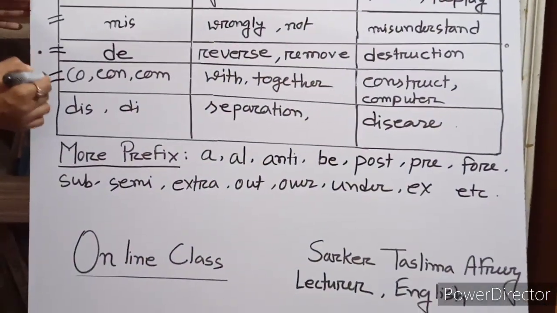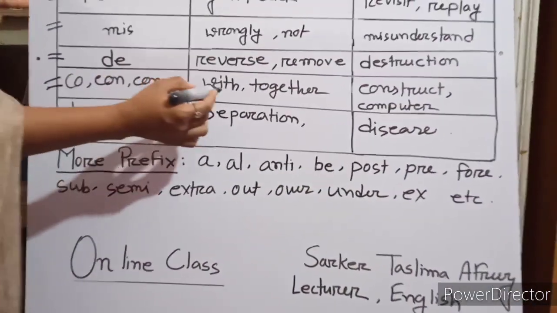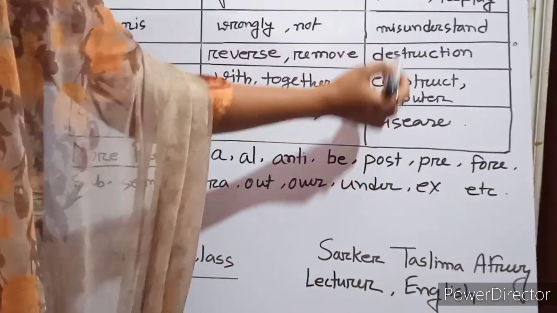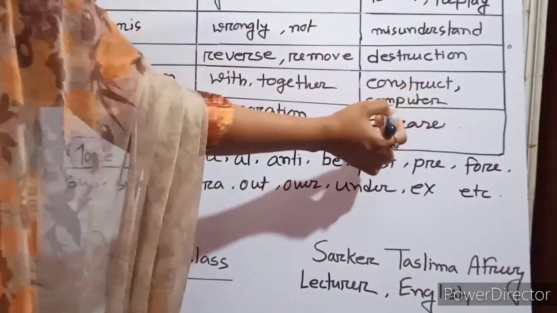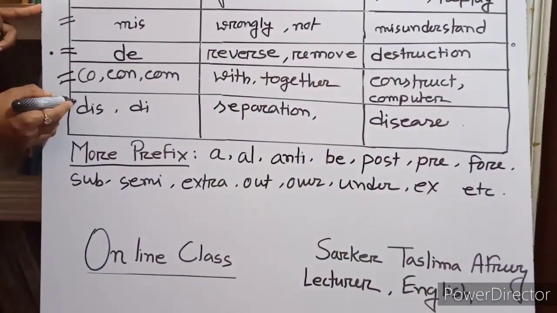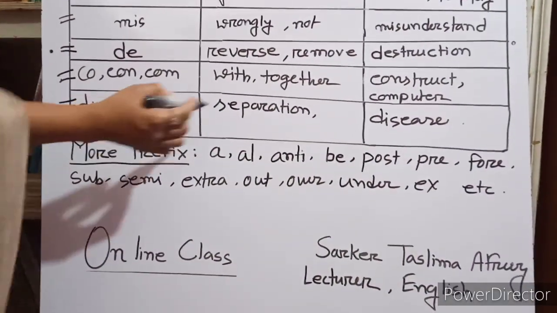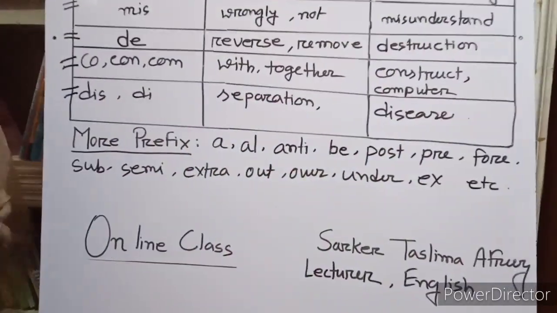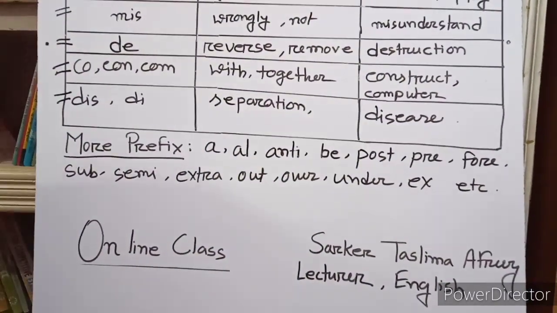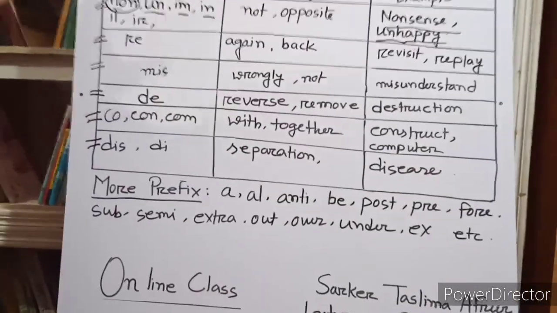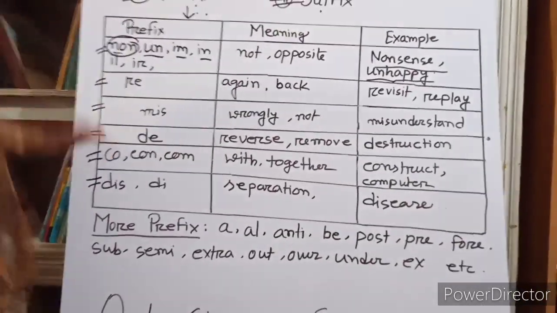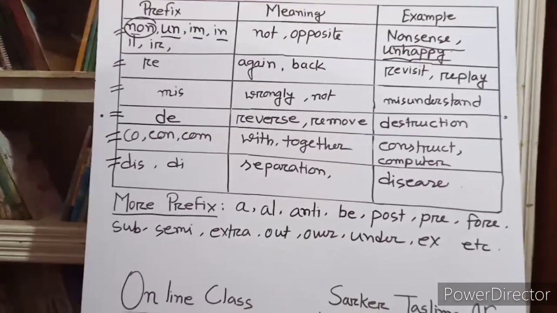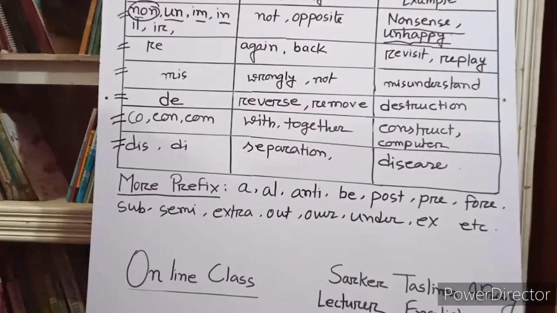Next one, co, con or com. That means with or together. Here are examples: construct and computer. Next one, dis, that means separation, and disease. Okay, dear students, I already told you that though in English grammar there are lots of prefixes, I have time limitation. That's why it's not possible for me to show you all the things.